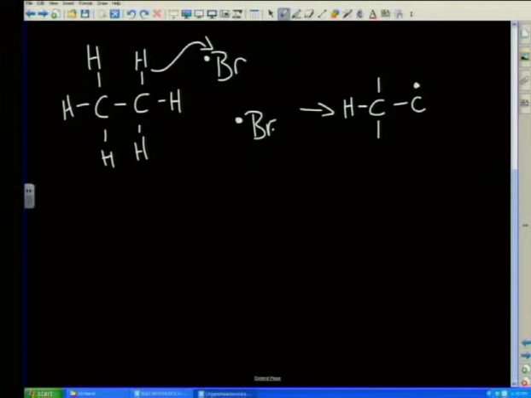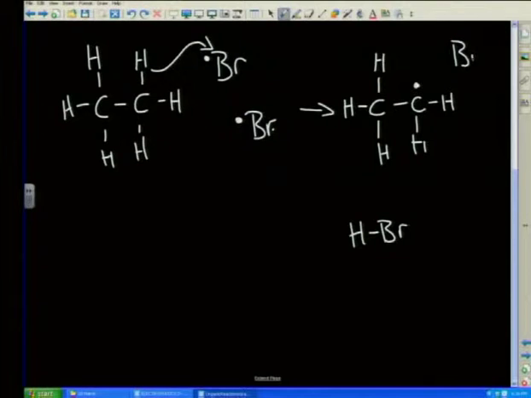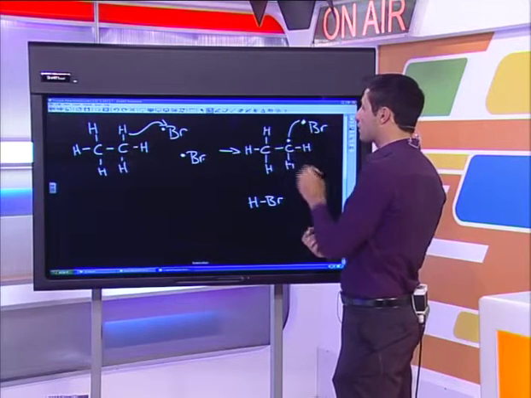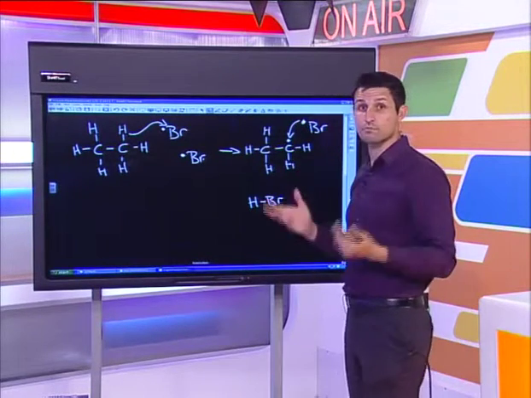I've now got a carbon radical, which is very unhappy. I've got a carbon that has had its hydrogen stolen away from it. I've got my H and my Br. Those two will live happily with each other, but I've still got another bromine, which is unpaired. What happens and how we make our product is that these two are going to make their own pairing, and we're going to make our product.